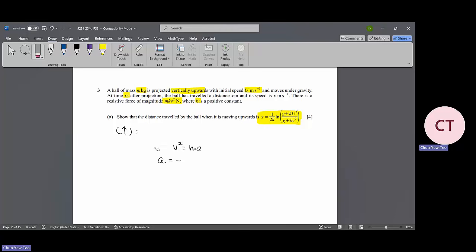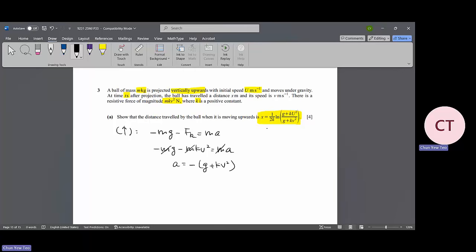This is wrong because I forgot to consider the weight. So if you're going upward, you have negative mg minus the frictional force equal to ma. It will be negative mg minus mkv squared equal to ma. m cancels. So you have a is equal to the negative of g plus kv squared.